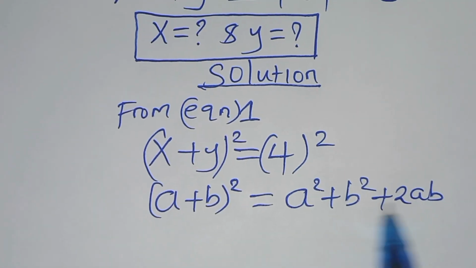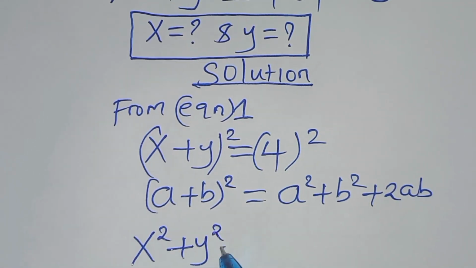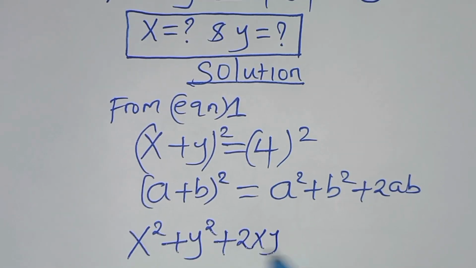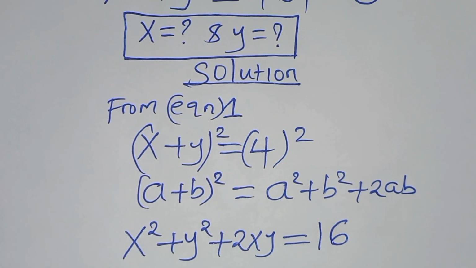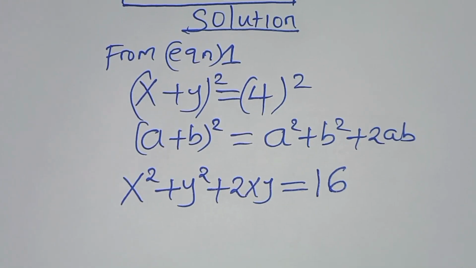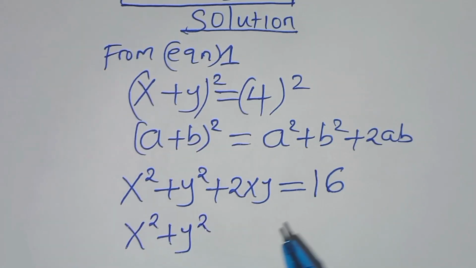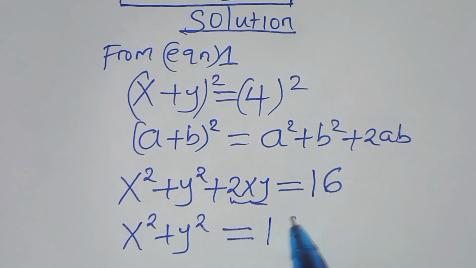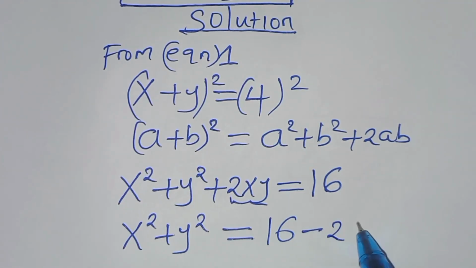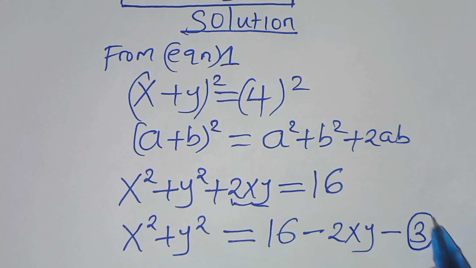Applying this algebraic identity, we have x squared plus y squared plus 2xy equal to 4 squared, which is 16. So therefore, x squared plus y squared, let's take 2xy on the right hand side, is 16 subtract 2xy. Let's call this equation 3.